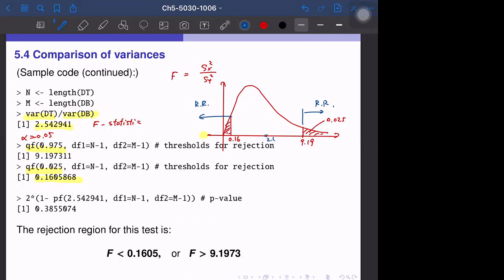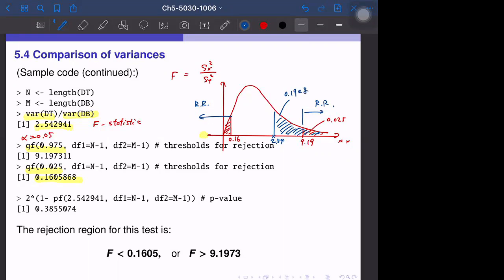If you want to calculate the p-value, maybe 2.54 is around here. Probably this is the thinner tail. So 9.19 is much further right than this point. But okay, 2.54 is probably around here. So the p-value is this area times 2. This area is actually probably around 0.1928 or something.